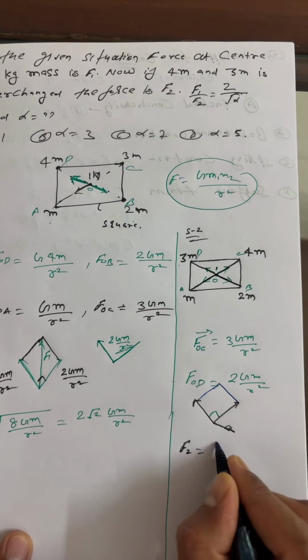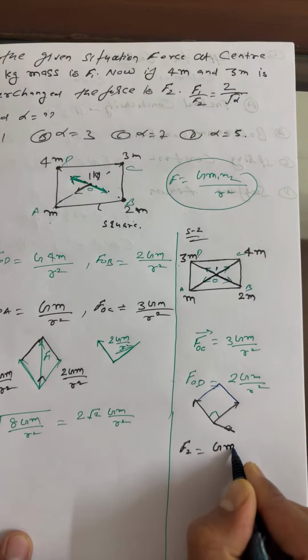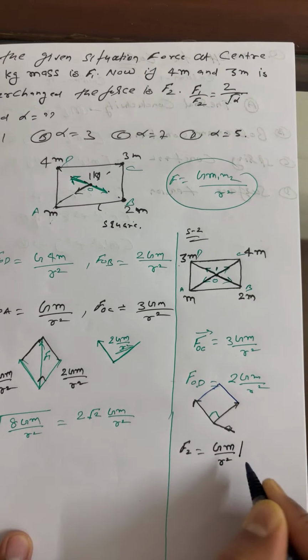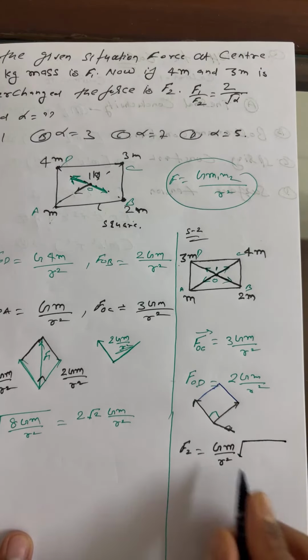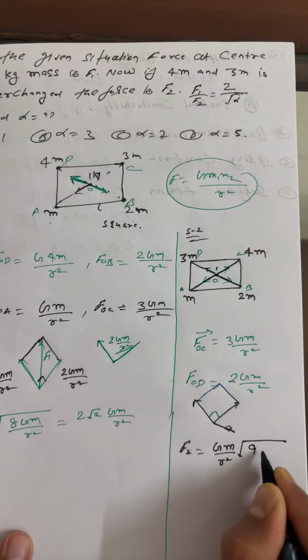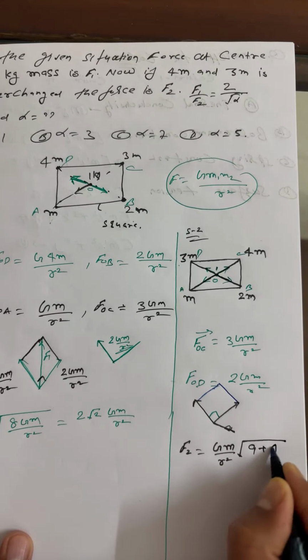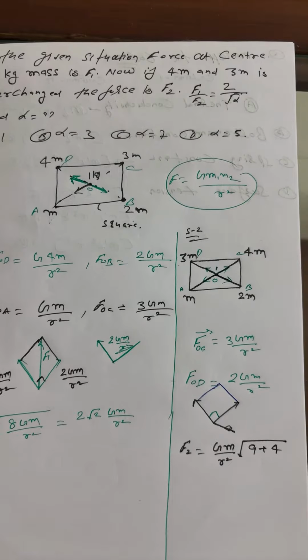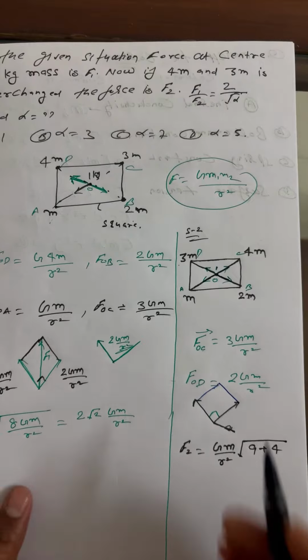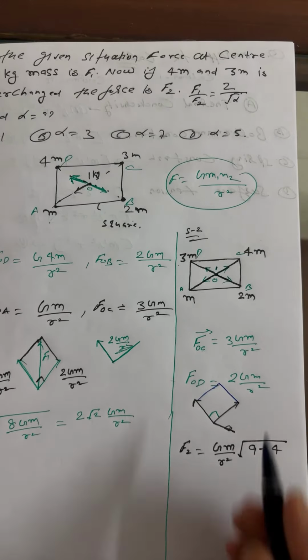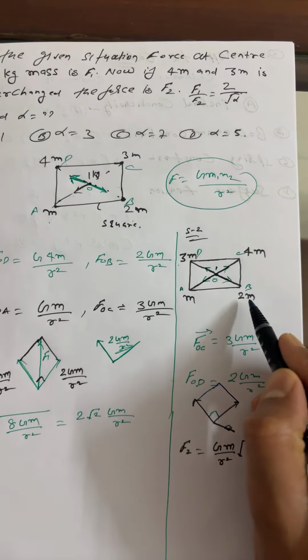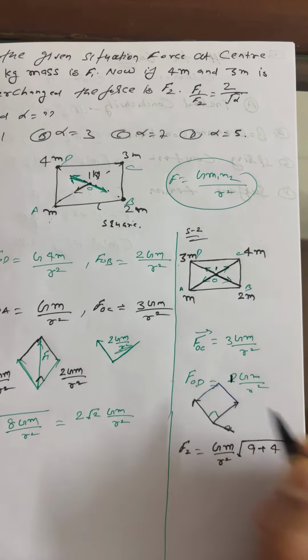You can take 3Gm by R square as common. 3 3 is 9, and 2 2 is 4. Here we get 3Gm by R square and 4Gm by R square. 4 minus 1 is 3, and 3 minus 2 is 1, this is 1 only.